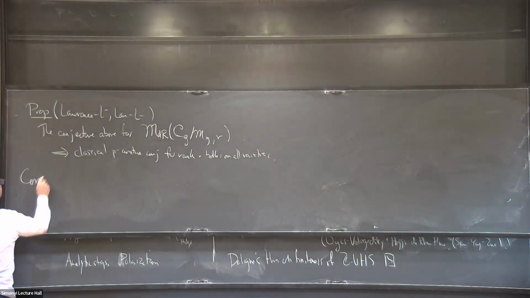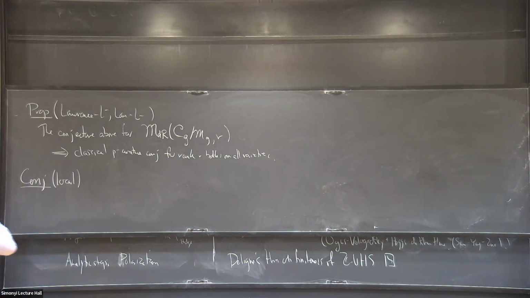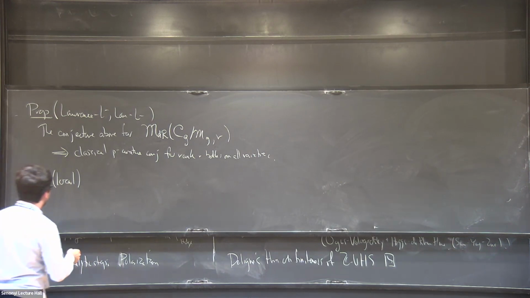So let me call this a local conjecture. Everything I've said about this conjecture was at non-singular points, but let's think about what happens at a singular point.